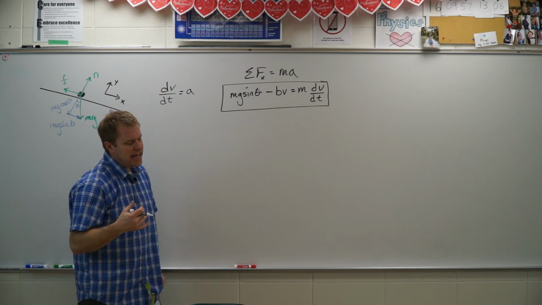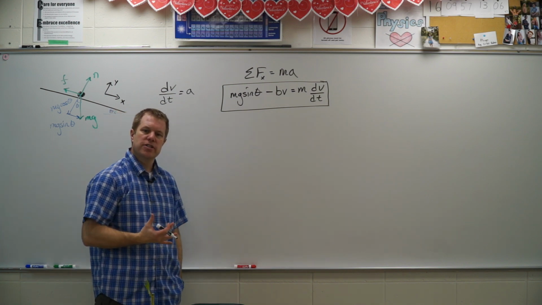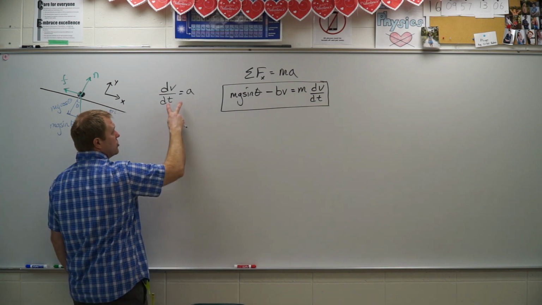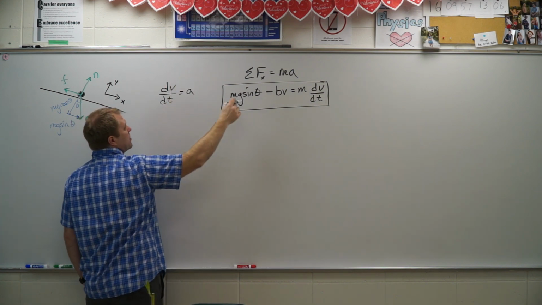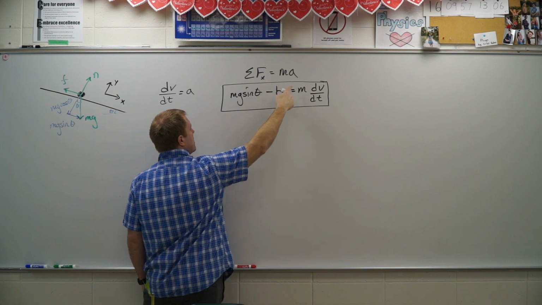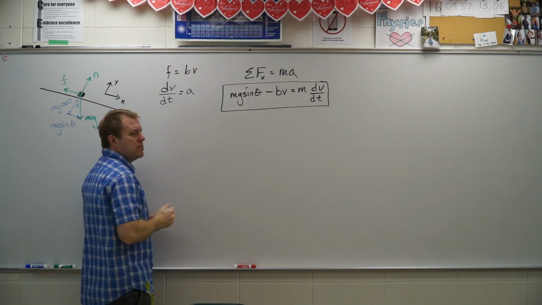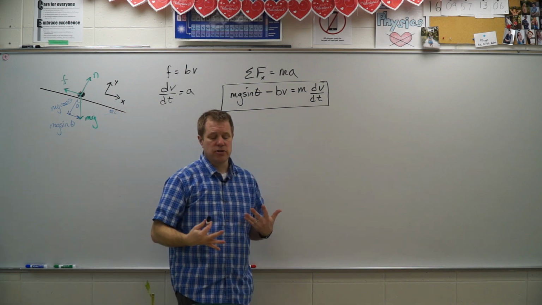Now they didn't use the word derive here, they just said write. If they did say derive, I would have to show this. I would also have to maybe say minus F and then say that F is equal to bv, something along those lines.